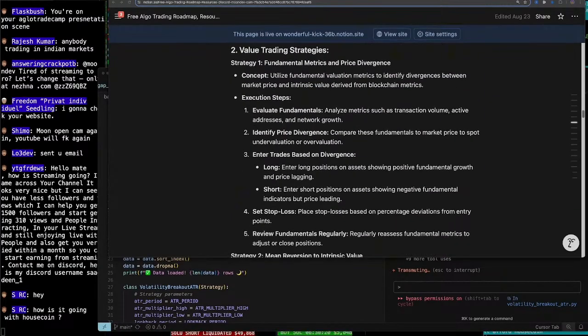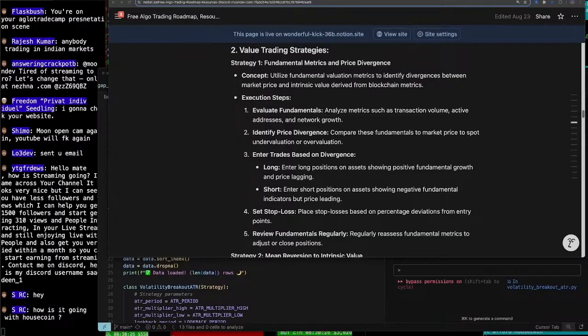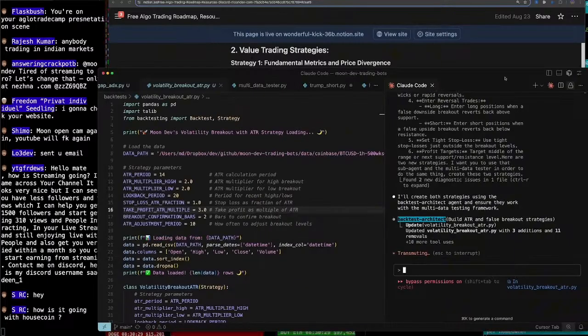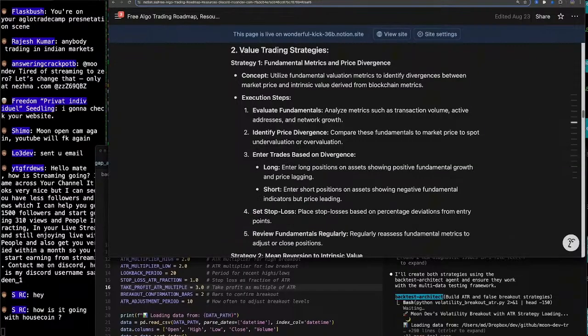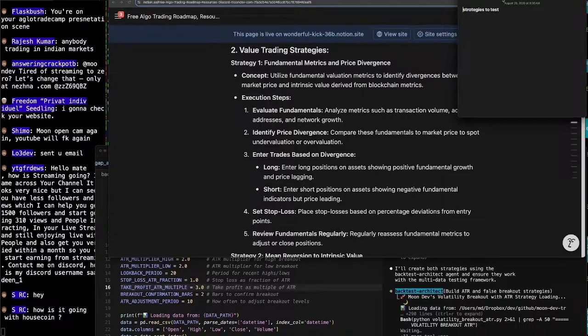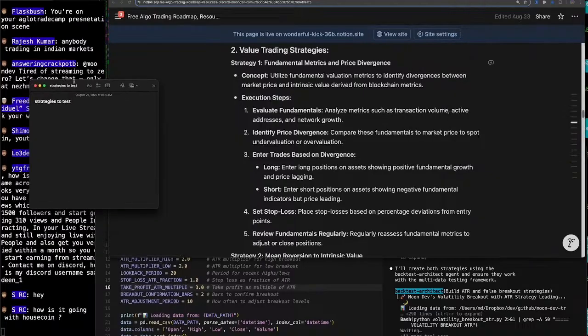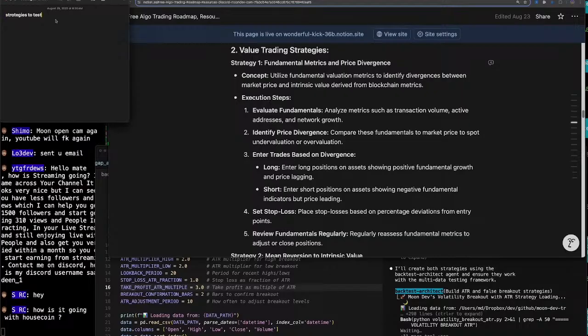Let's go ahead and make a note sheet actually, because then I can do both at the same time. You can see I have Claude rolling down here, so I can keep an eye on it. Strategies to test. And let's put that over here. Perfect space for it.